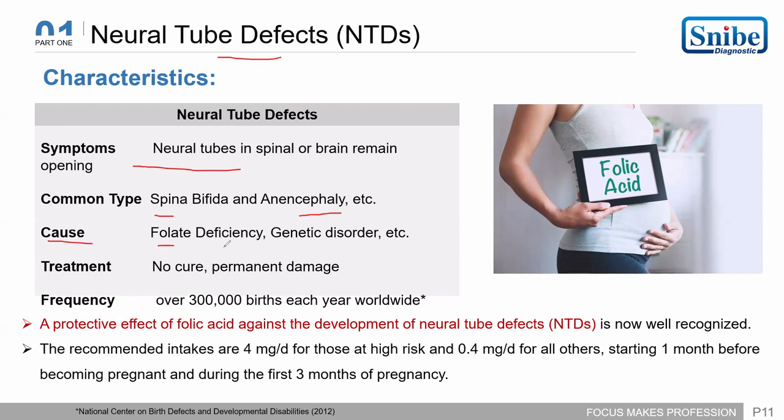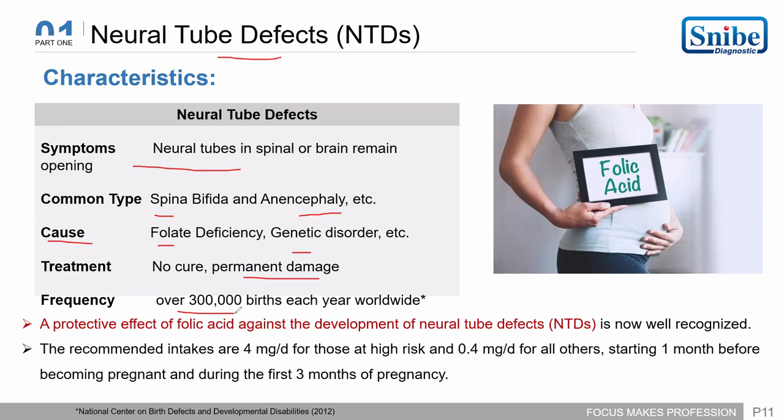The cause is folate deficiency and genetic disorders. As of today, there is no cure or treatment, and it is permanent damage. You can say that during fetal development, an anomaly occurs. The frequency is over 300,000 births each year worldwide. This is a high figure as compared to the others.